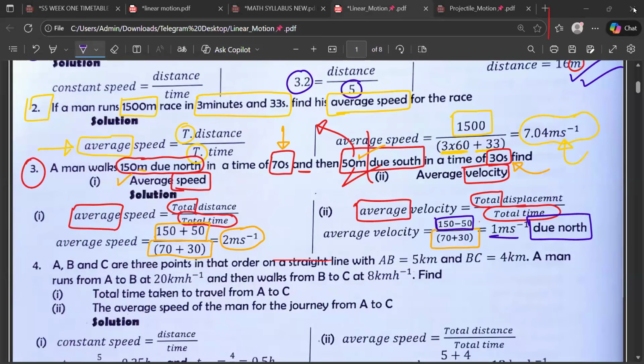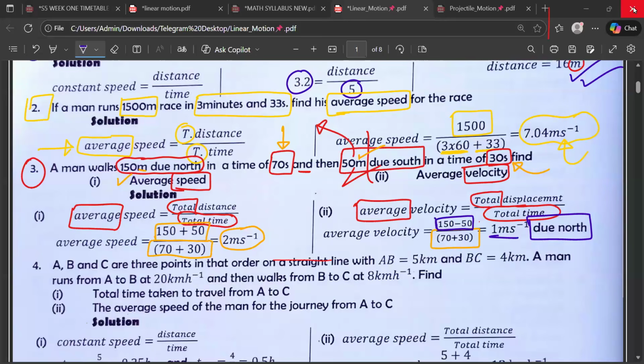Yes, Glory. So I have a question. Yes, ask. Teacher, if I've said that 50 meters due north, and then 150 meters due north and 50 meters due south. But if they say 50 meters due north and 50 meters west, what do you do then?